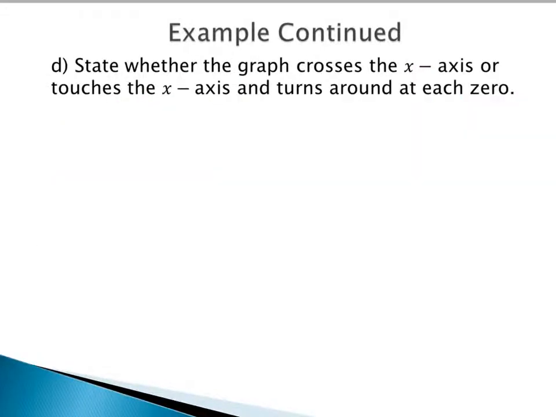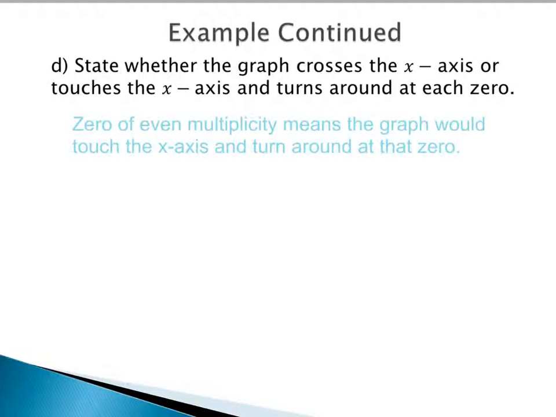Knowing the multiplicity of each zero helps us then to determine what happens to the graph at the zero. If the zero has an even multiplicity, the graph would touch the x-axis and turn around at that zero. If the zero that we found had an odd multiplicity, the graph would cross the x-axis.